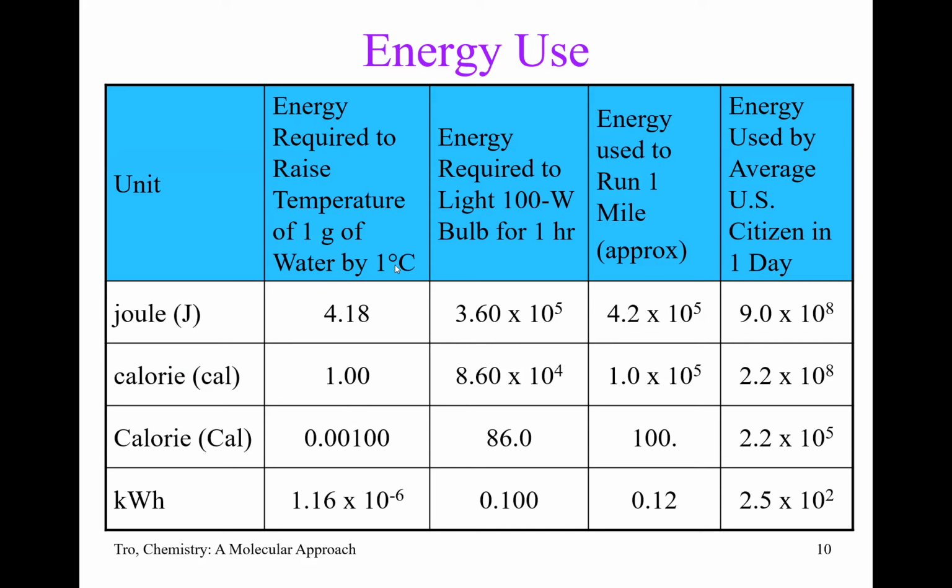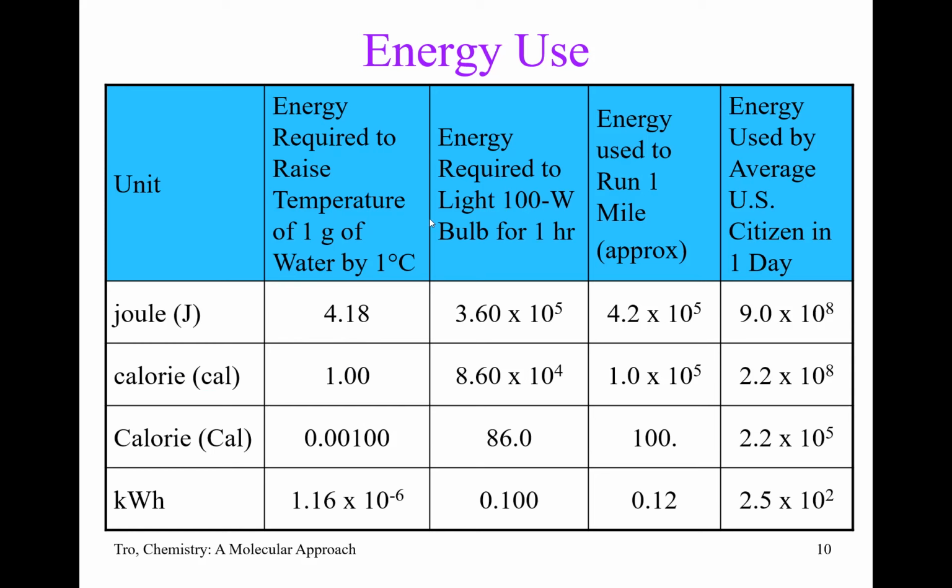Now, 1 gram of water is a pretty small amount of water, right? And again, 1 degree Celsius isn't too much. So these units are not really too big. Usually our chemical reactions reported on a per mole basis are in kilojoules, so 1,000 joules.